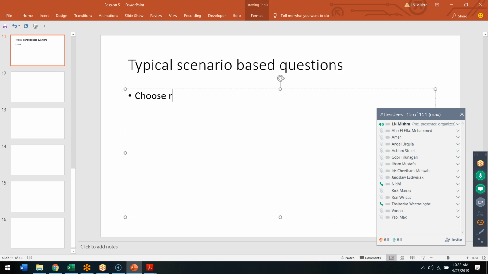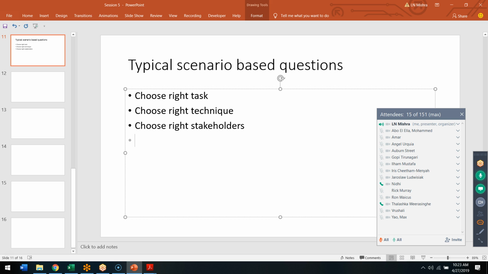Choose the right task. What task you need to do once you finish a certain task. Choose the right technique. Choose the right stakeholders.